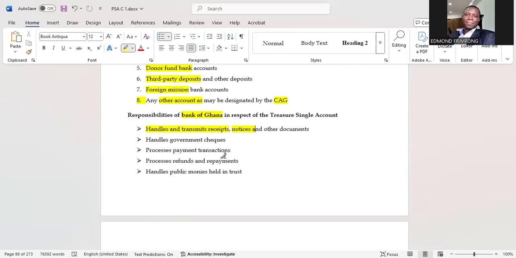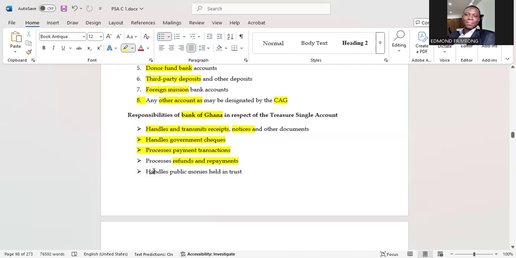The Bank of Ghana, they are in charge of holding the checks of the government. They also process payment instructions. They process refunds and what? Repayment. Yeah. That is their responsibility as far as Treasury Single Account is concerned.